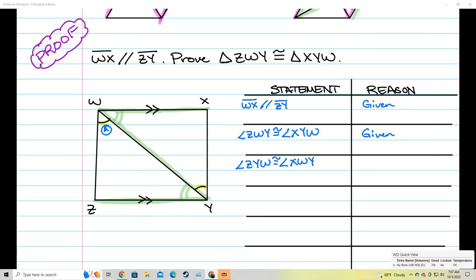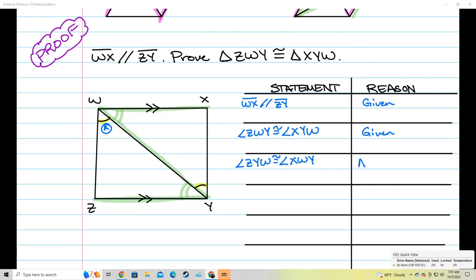That was not given. That was something that I had to figure out. The reason I did it was because of the Z's. I can't say that the reason is the Z. Remember that Z's are alternate interior angles. So the reason these are congruent is because they are alternate interior angles. And now that I have that these angles are congruent, that gives me another angle.